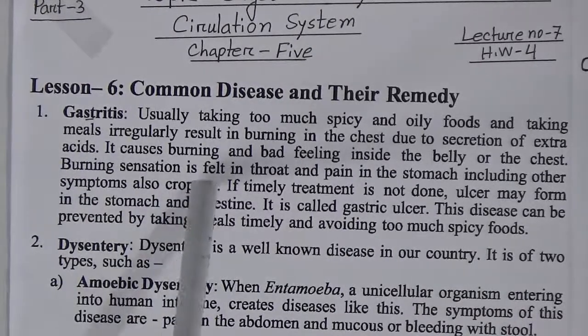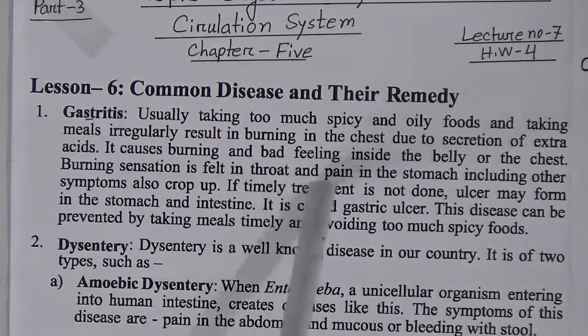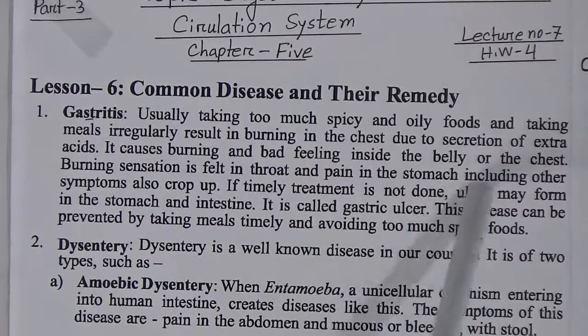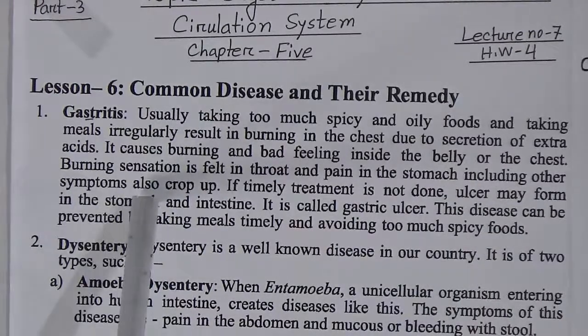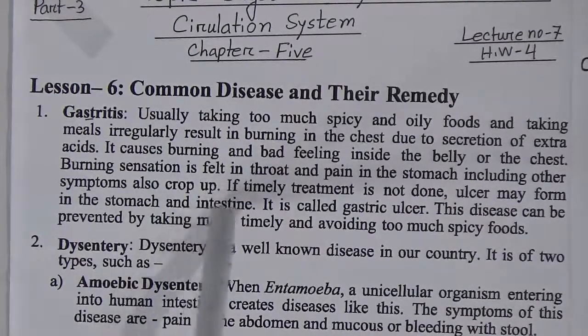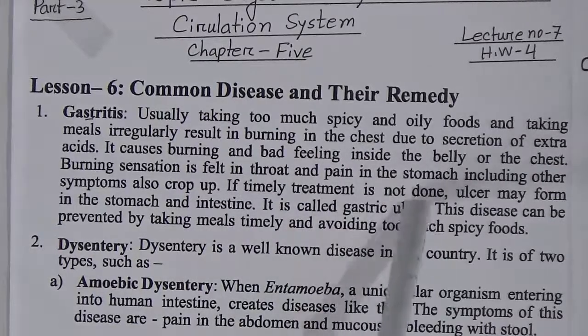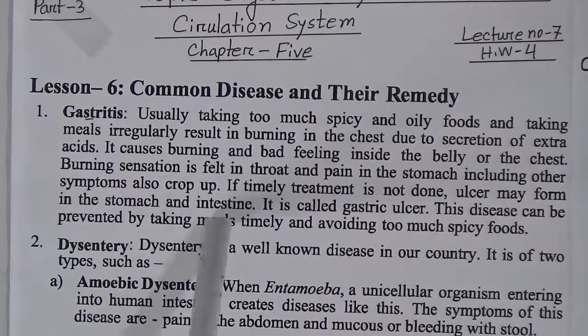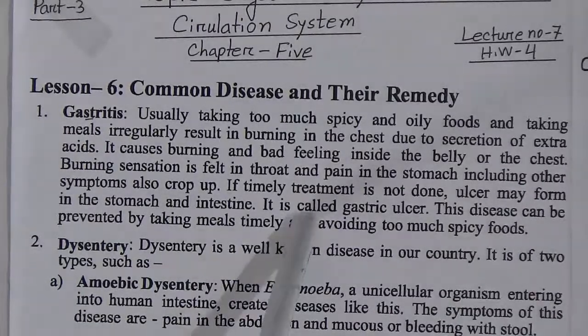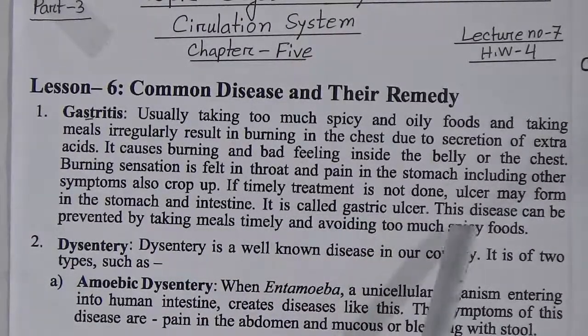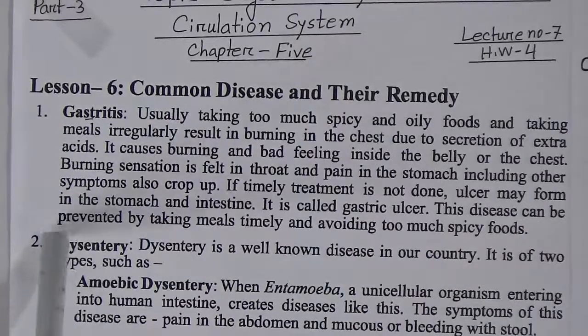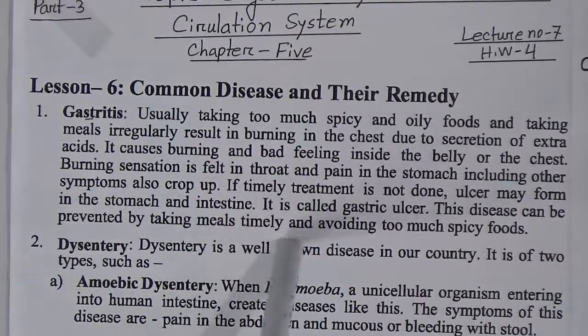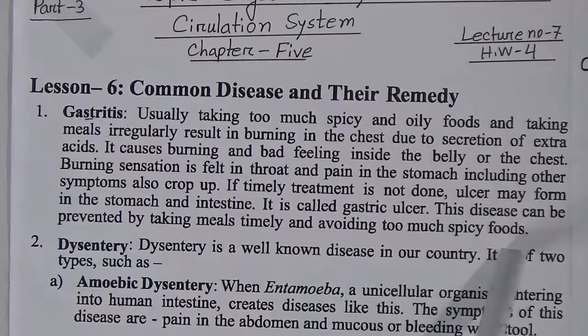Burning sensation is felt in the throat and pain in the stomach, including other symptoms. If timely treatment is not done, ulcers may form in the stomach and intestine. It is called gastric ulcer. These diseases can be prevented by taking meals timely and avoiding too much spicy food.